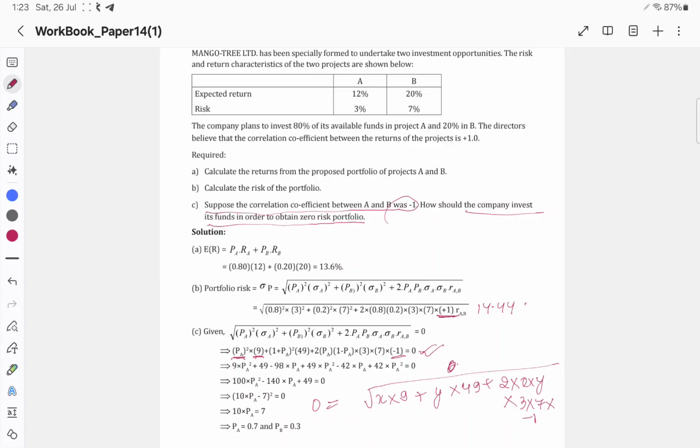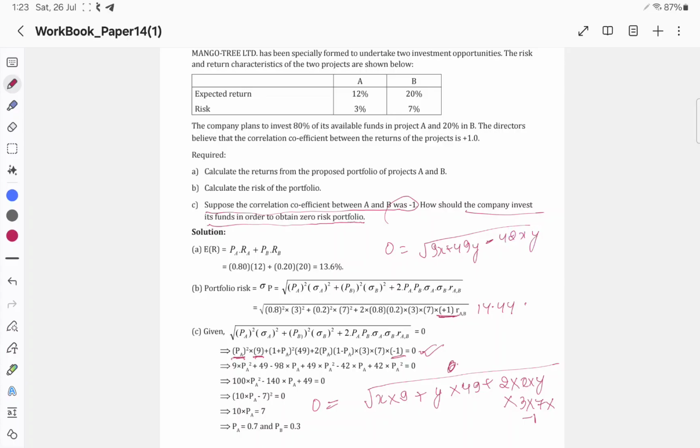So now let's solve it. This will come to 9x plus 49y plus 2xy, no 2 not, 21 into 2, 42, this will come as minus 42xy.